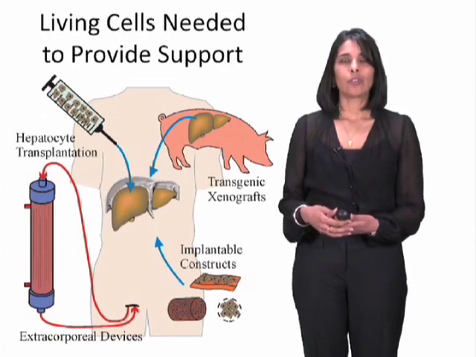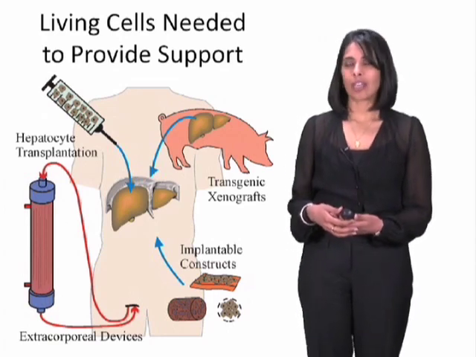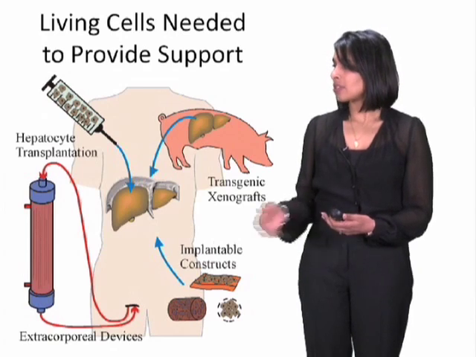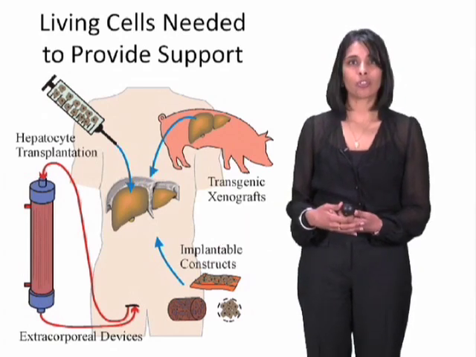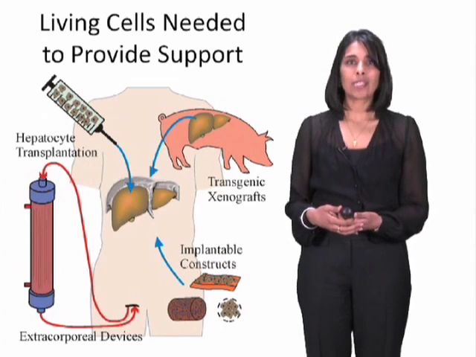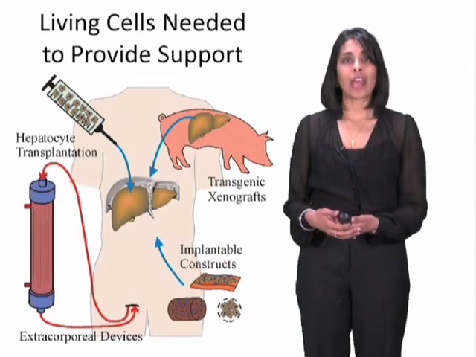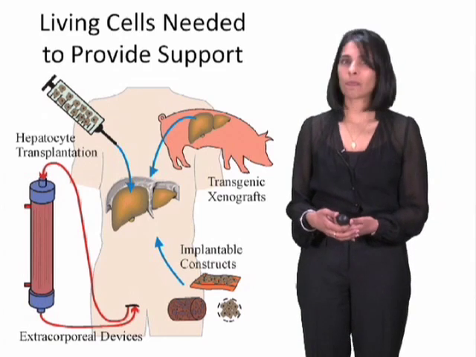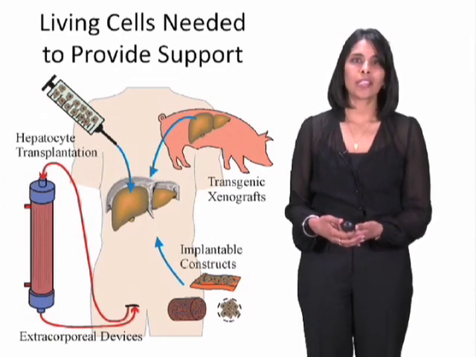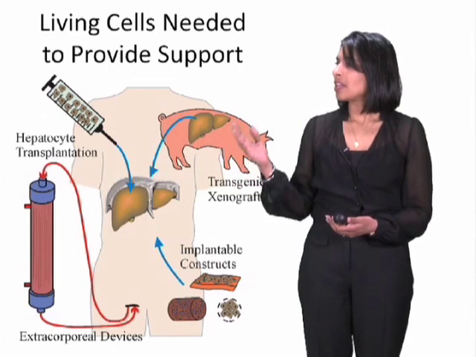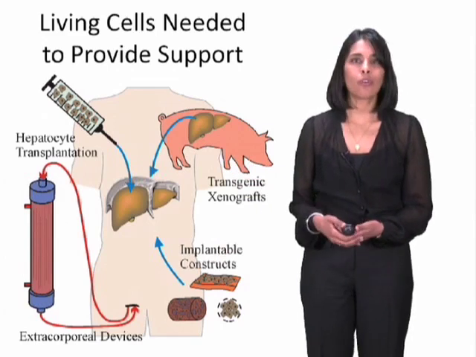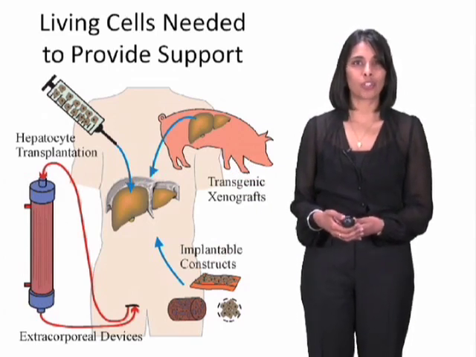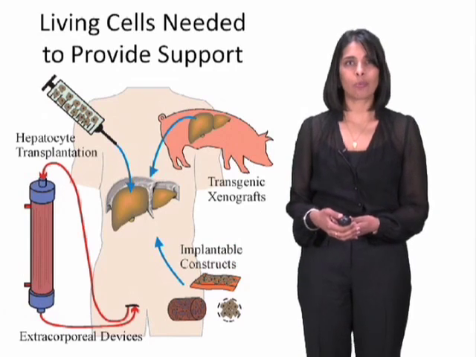Another idea, which our group has been pursuing as well as several others, is this idea of an implantable tissue engineered liver. This would one day, we hope, serve as an adjunct or an alternative to liver transplantation. The problem in the field has been that liver cells in these devices do not perform the 500 some odd liver functions that are necessary for patient support.